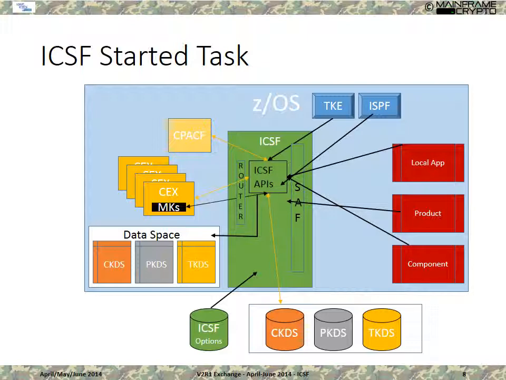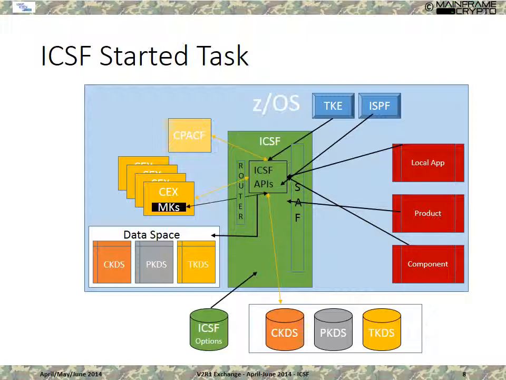Finally, there's also an ICSF options data set. That's where ICSF decides how the environment will be configured. We'll talk about some of the important parameters in that options data set, but those are read at startup time and used to establish the environment. We'll see in a minute that one of the options parameters is pointers to the key stores, so that ICSF knows which key stores it's supposed to use today, or for this instantiation of ICSF.